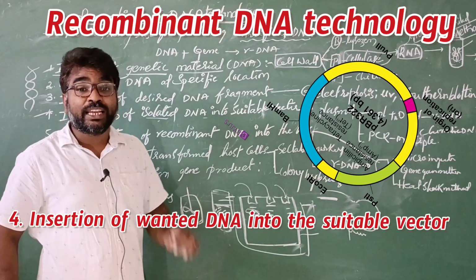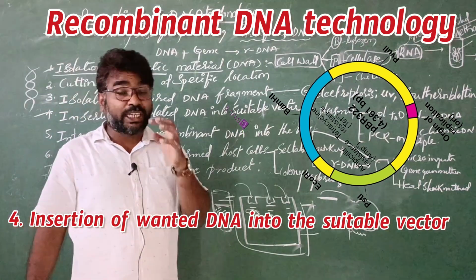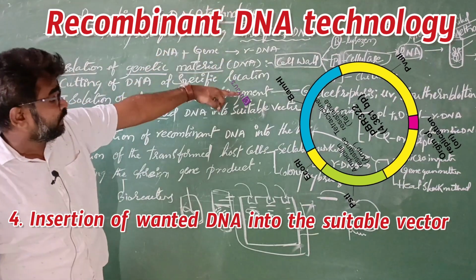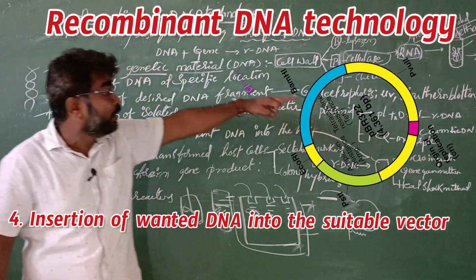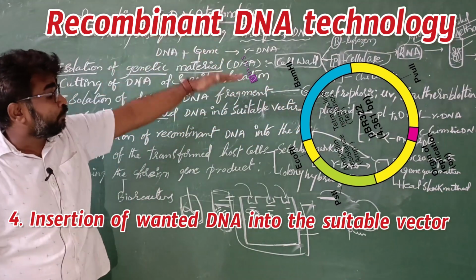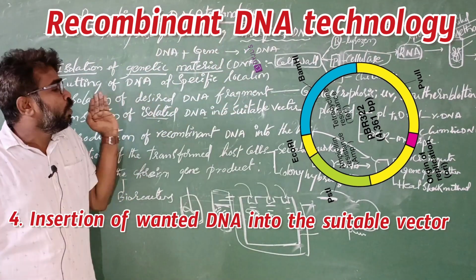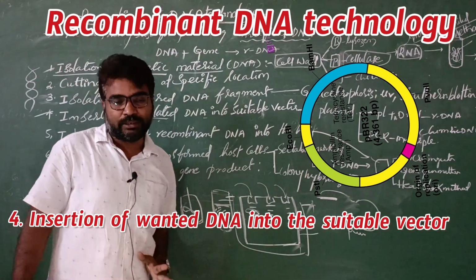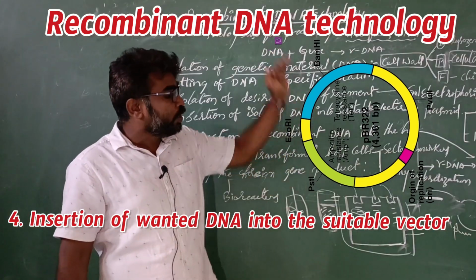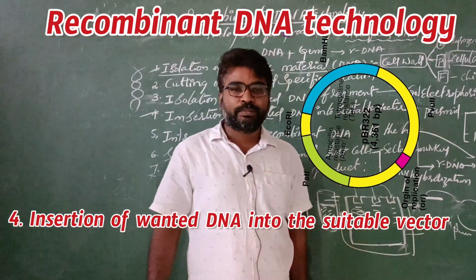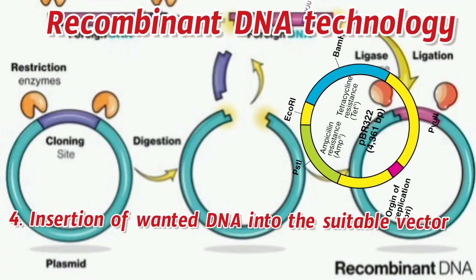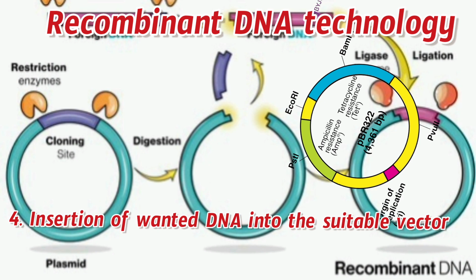Again we are using a restriction enzyme. Which enzyme do we use to cut the DNA into fragments? Restriction endonuclease we are using here. Then this plasmid will be cut.